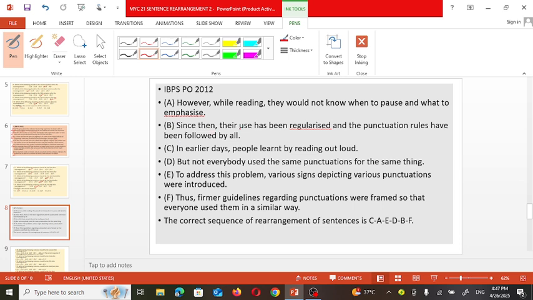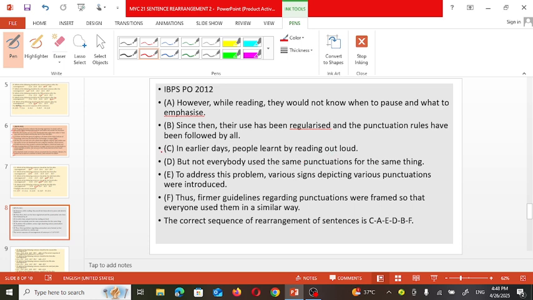Since then, their use has been regularized and punctuation rules have been followed by all. In earlier days, people learned by reading out loud.